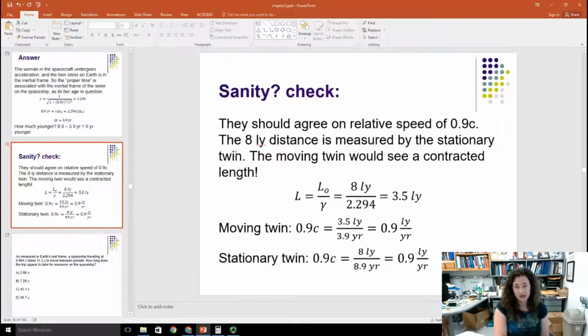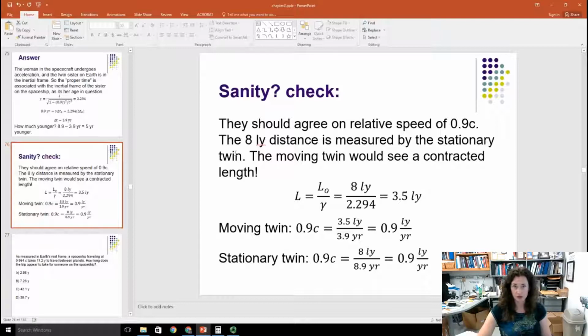Now here's the thing. That 8 light years distance is measured by the stationary twin. The moving twin would see a contracted length. So she wouldn't say, I traveled 8 light years round trip. She would say a different, shorter length. The length she would see would be L naught over gamma, where L naught is the proper length, because those are the stationary fixed points.